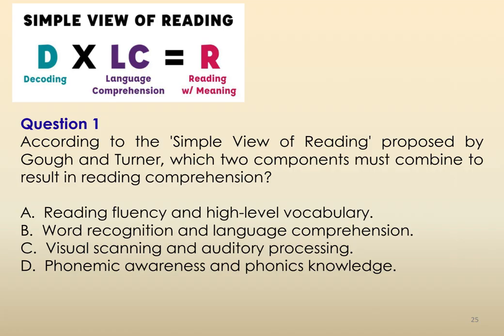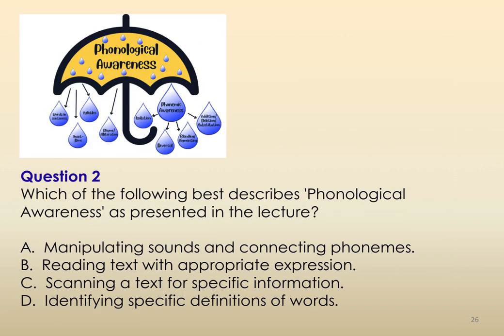So we have question number one. According to the simple view of reading proposed by Gough and Tunmer, which two components must combine to result in reading comprehension? And you have four options. So think about it. You have also another question. Number two, which of the following best describes phonological awareness as presented in the lecture?